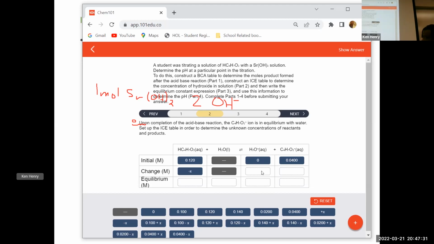And so then this is going to be plus X, and then this one is going to be also plus X. Okay, and then at equilibrium, oops, sorry, positive X. Okay.